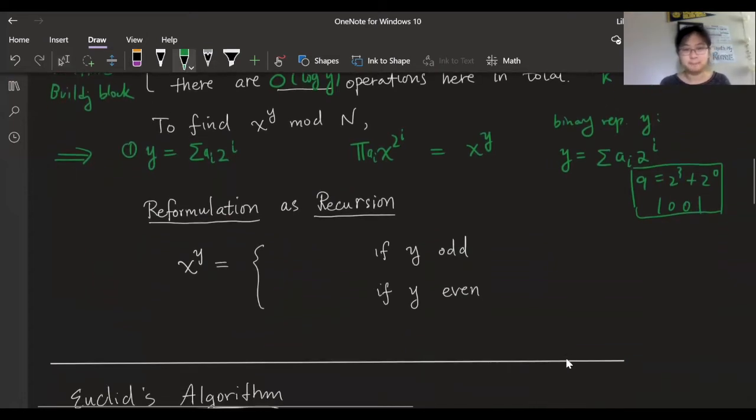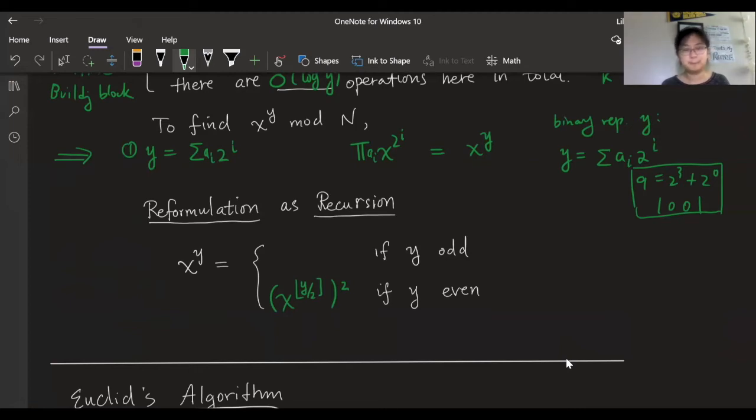This is equal to x to the y over 2 floored, squared, right? So now all we need to calculate is x to the y over 2 squared. And that can be calculated by dividing by 2 again, and again and again. And you'll see that this recursion is going to be log y deep.